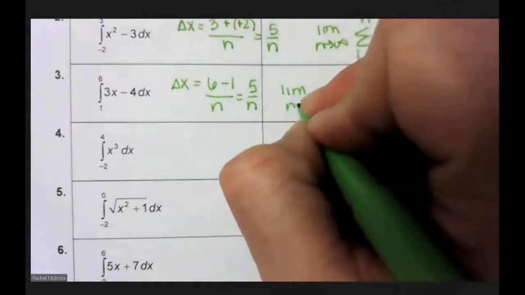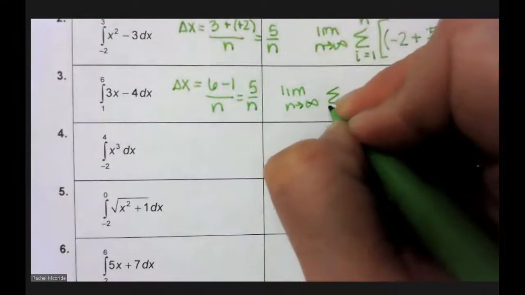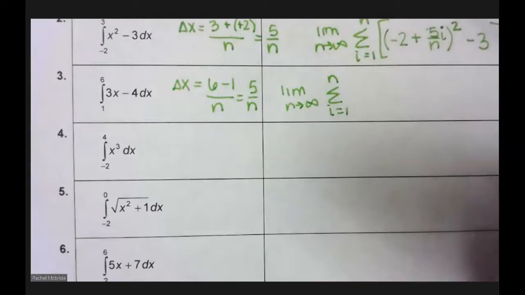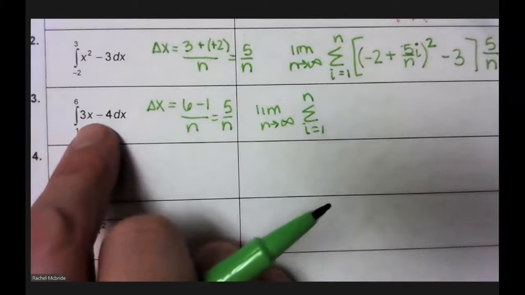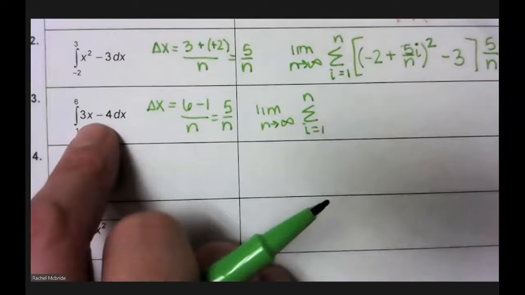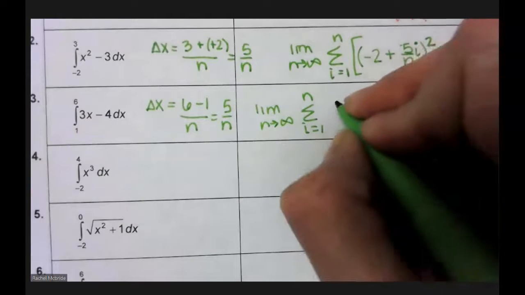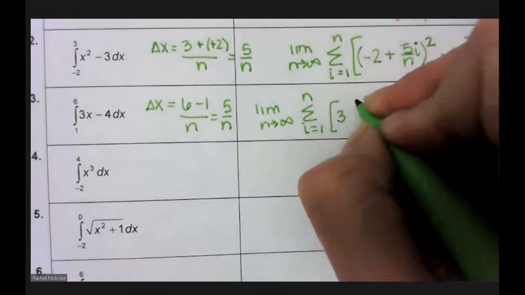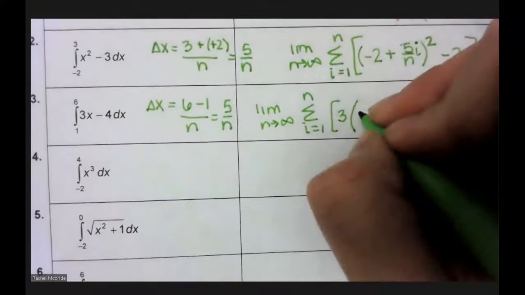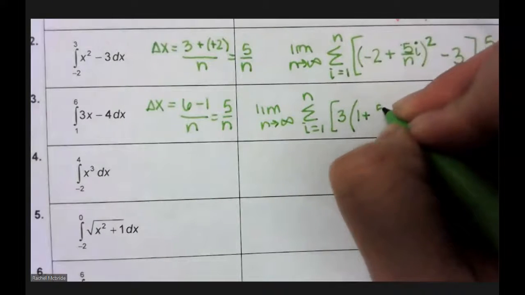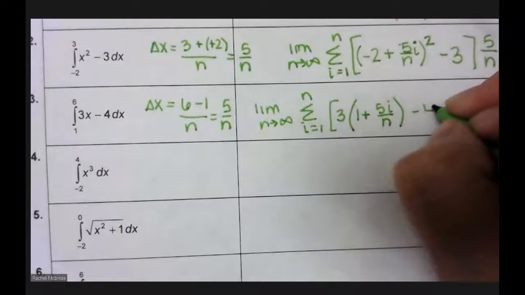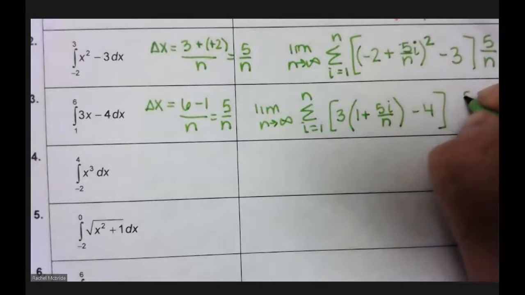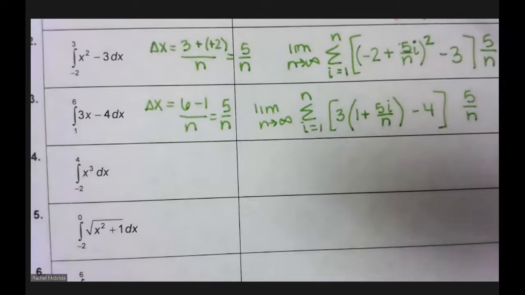Limit as n goes to infinity, summation, plug in a plus delta x i, so you get 3 times 1 plus 5i over n minus 4, multiplied by delta x.